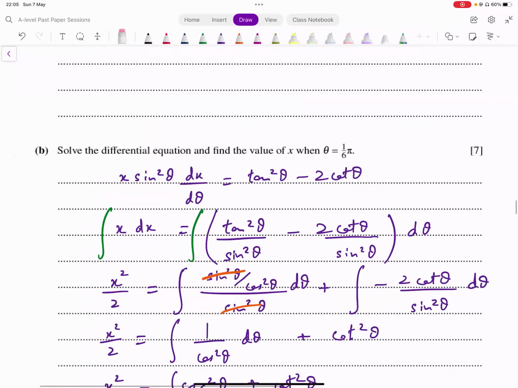When the value of theta is pi over 6. थीटा की जगह पे pi over 6 डाल दें और देखें x की वैल्यू क्या आती है आपके पास से.